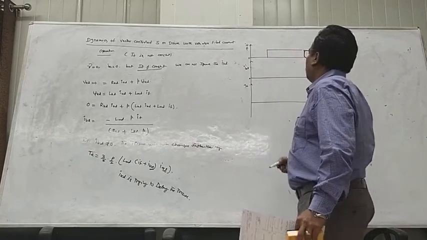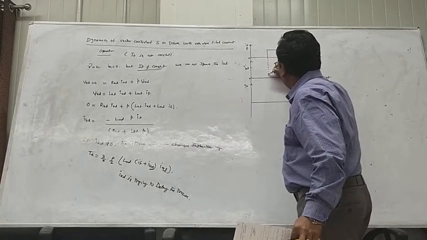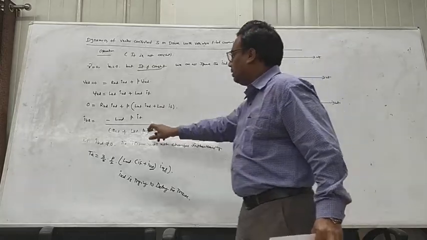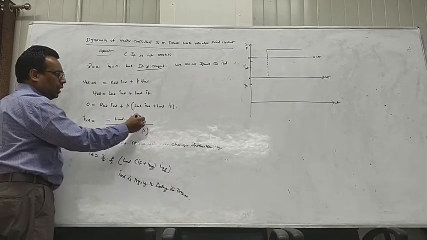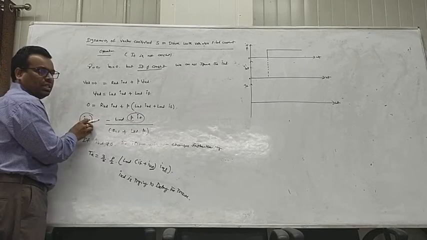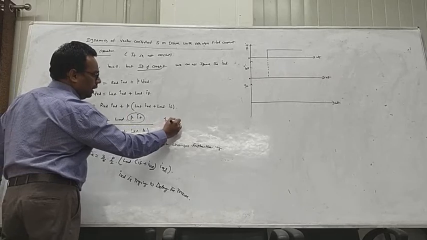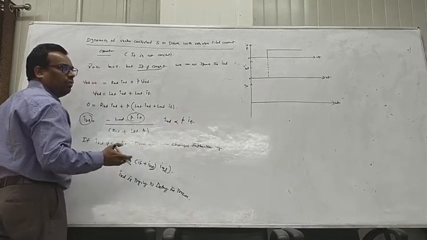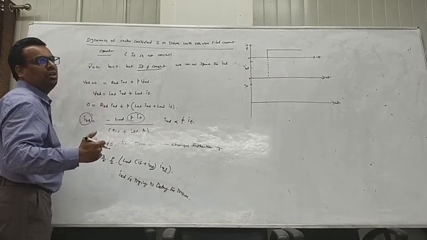If you want to change the field current, for changing the field current, if the field current is increasing in a positive direction, then from this expression IKD is directly proportional to the derivative of IF. If the field current is in a positive direction, then your IKD will be in the negative direction.